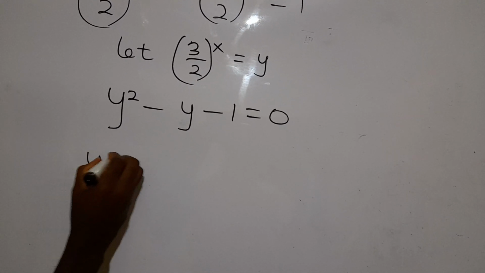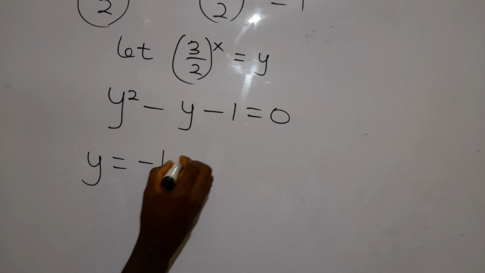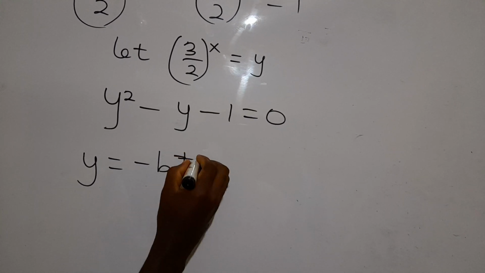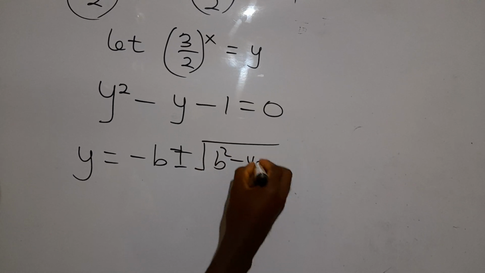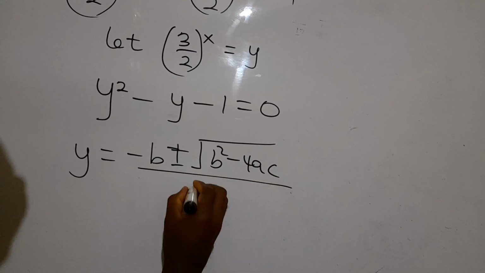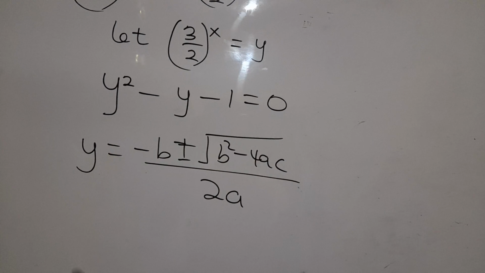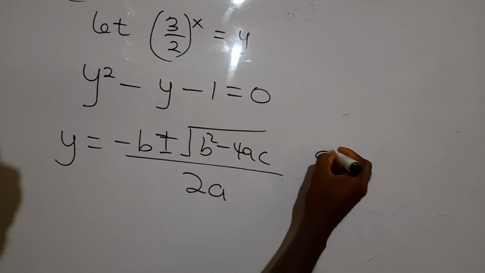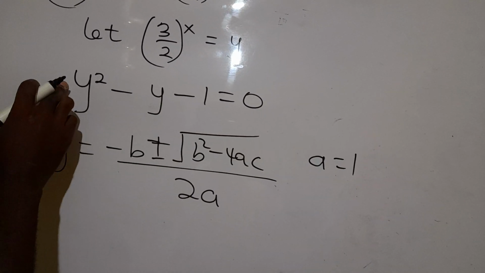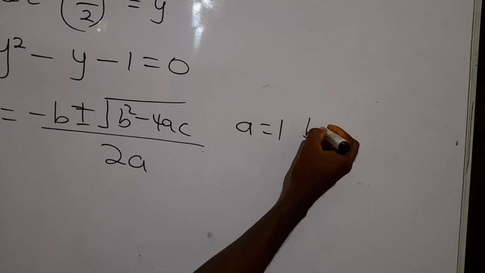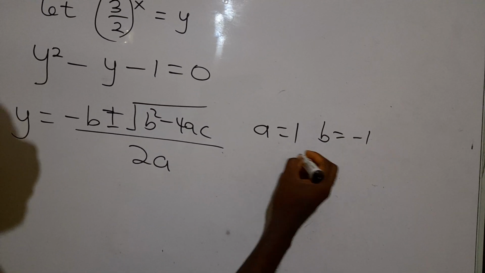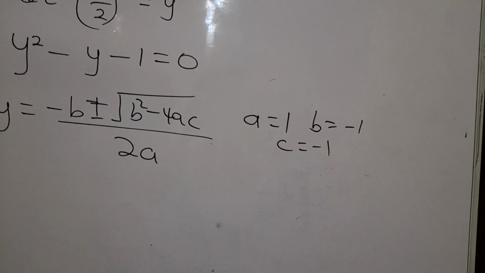So I can say y is equal to negative b plus or minus the square root of b squared minus 4ac all over 2a. Then my a is 1, that's the coefficient of the y squared term. My b is negative 1 and the c is also negative 1.